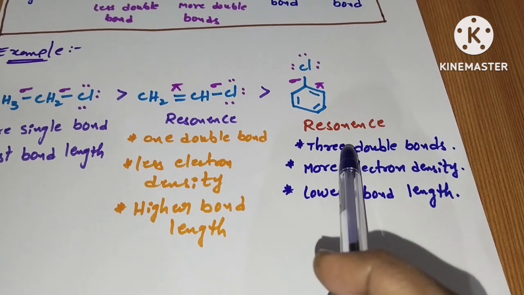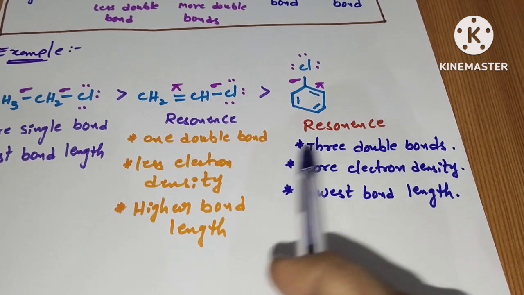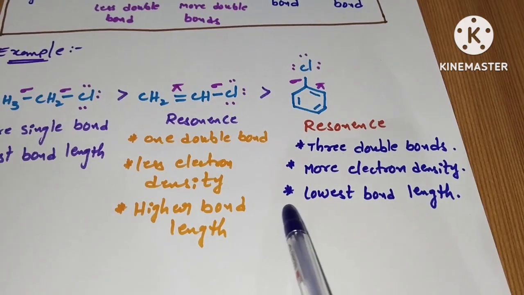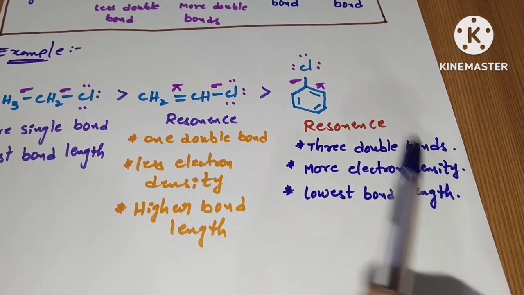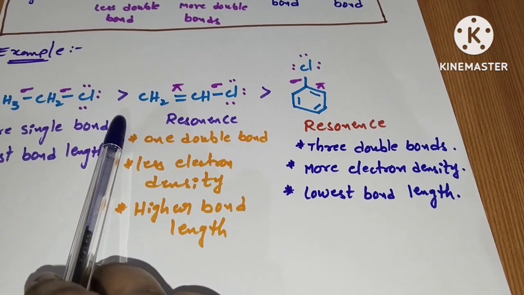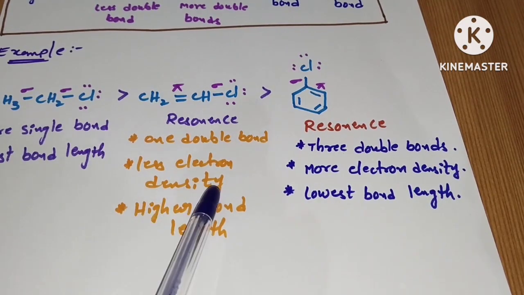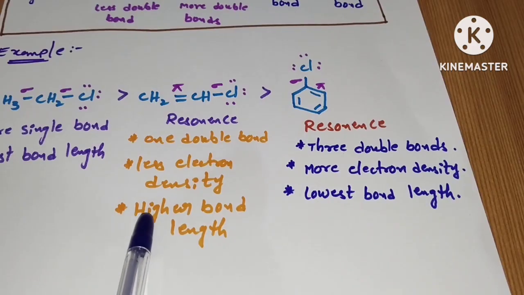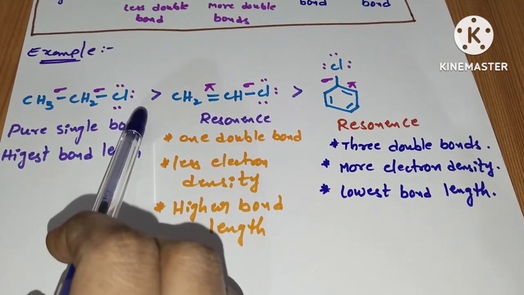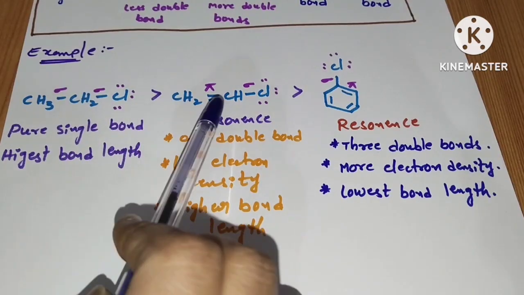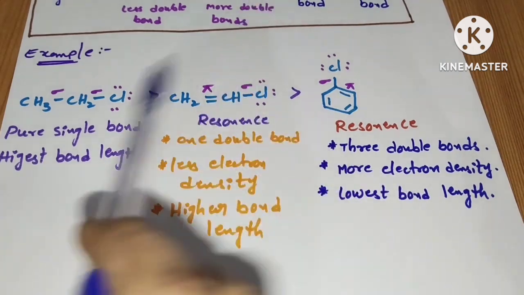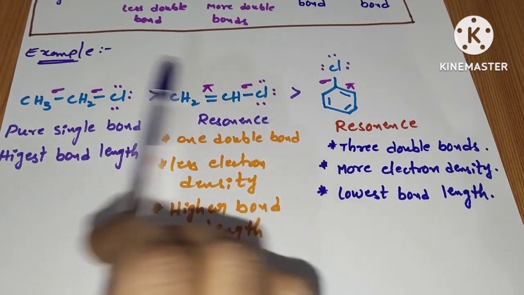It means it has more electron density, plus it has comparatively lowest bond length. Now the second compound has one double bond and less electron density and it has comparatively higher bond length. Therefore, I write A has greater bond length than B, B has greater bond length than C. This is the order of decreasing bond length.